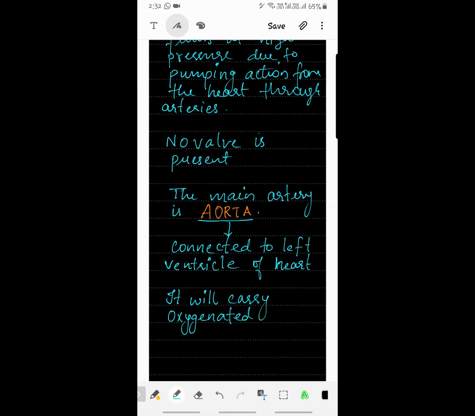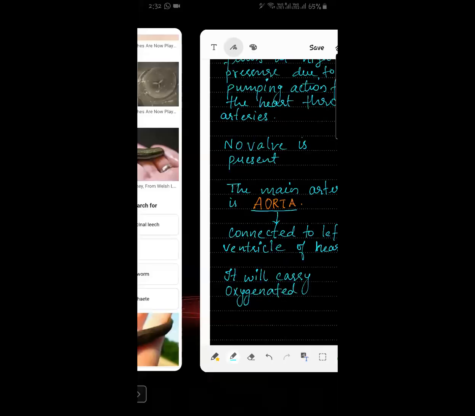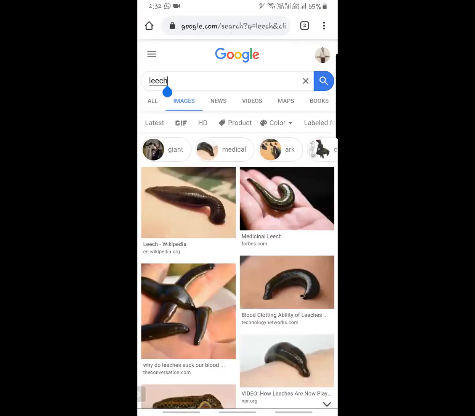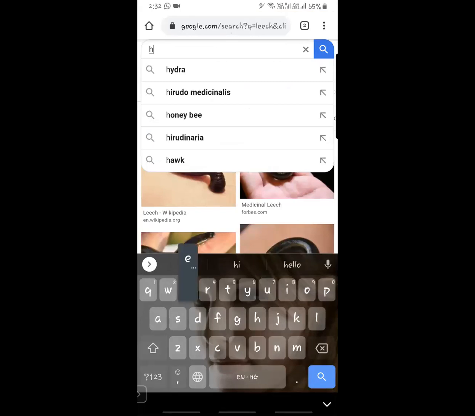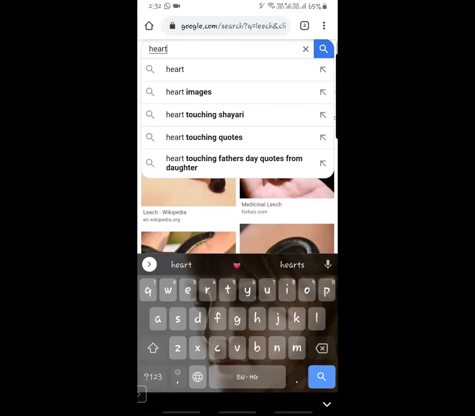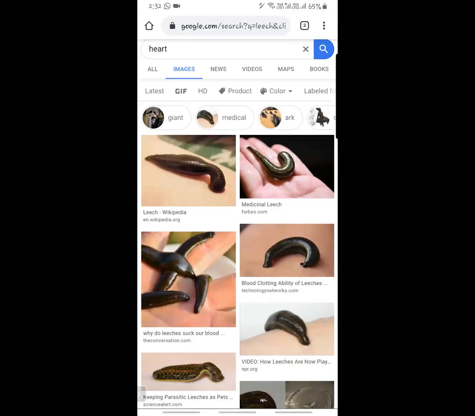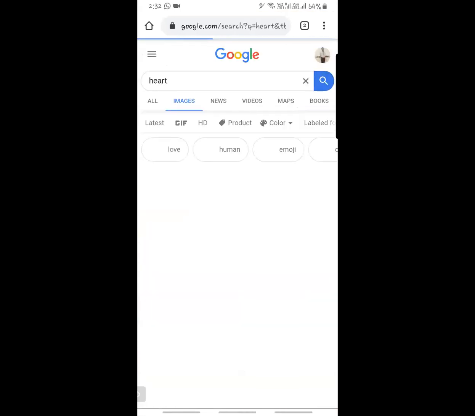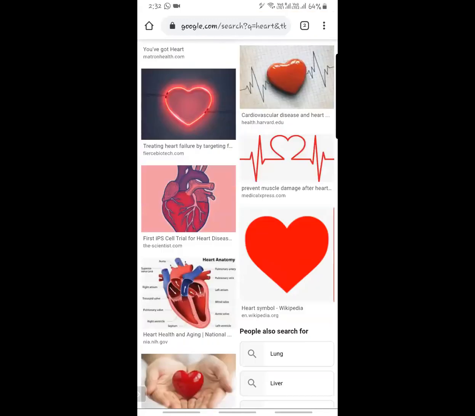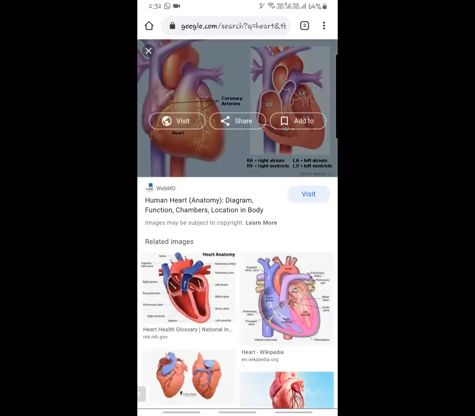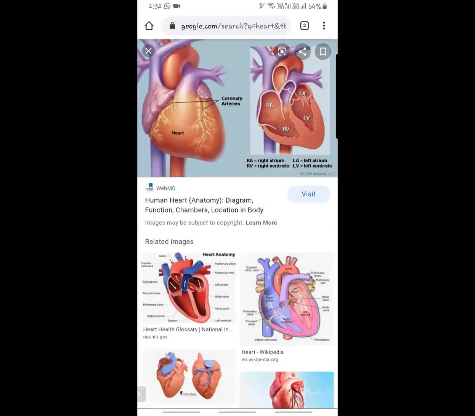Ventricle means one compartment. You can see in this picture that there is a compartment, right?